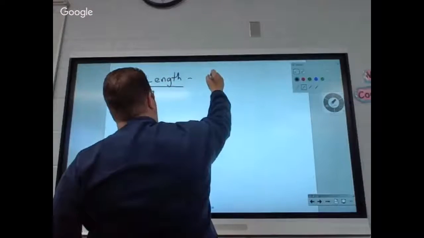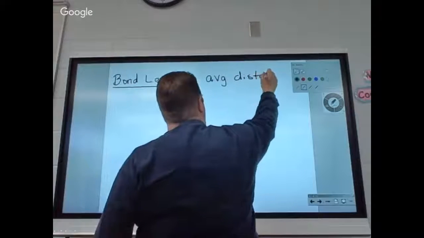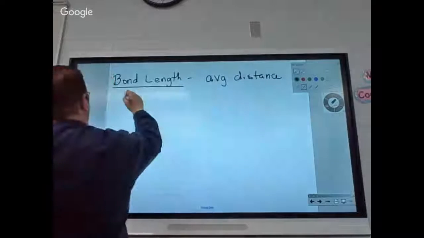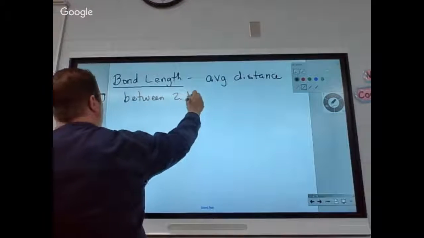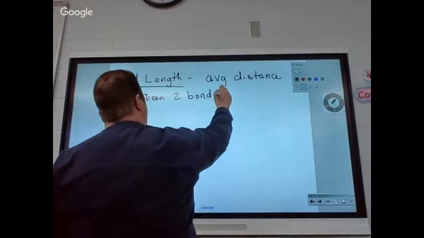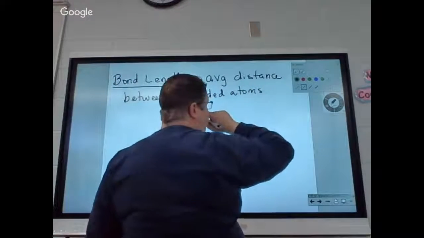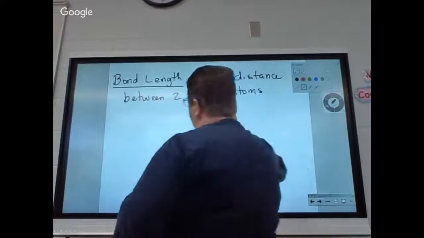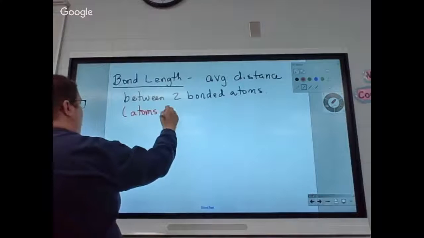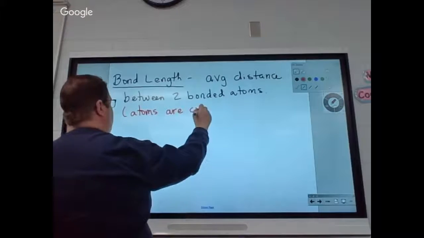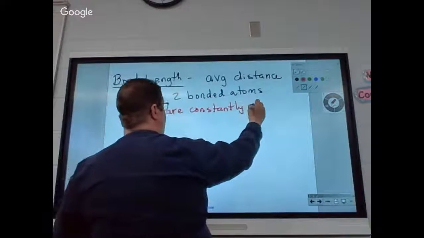All right, it's the average distance between 2 bonded atoms. Now, the reason we say the average distance is because atoms are constantly moving.